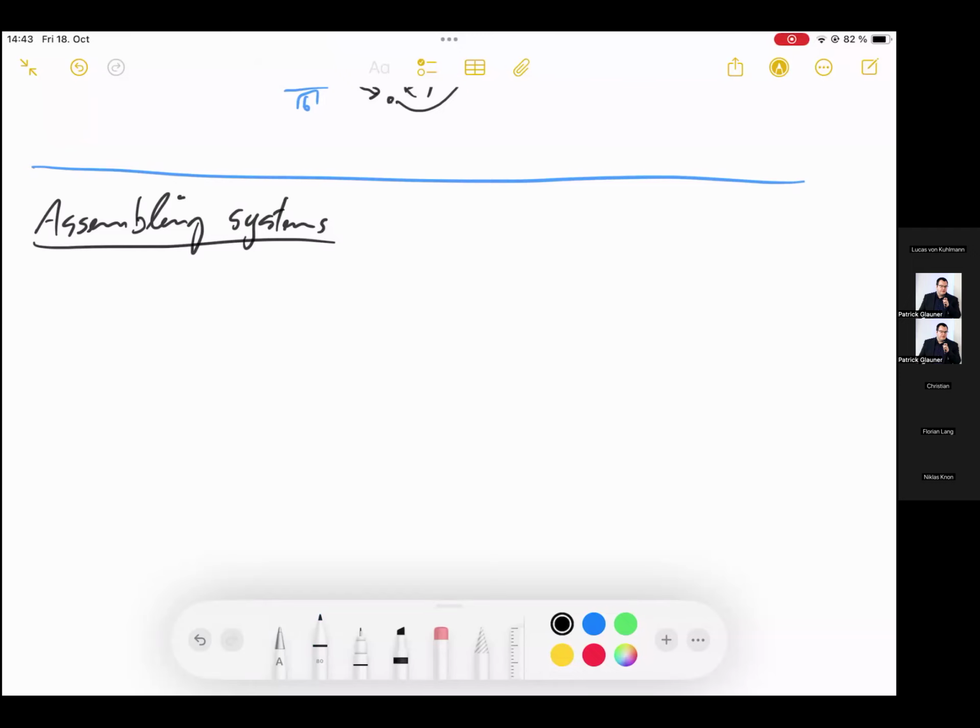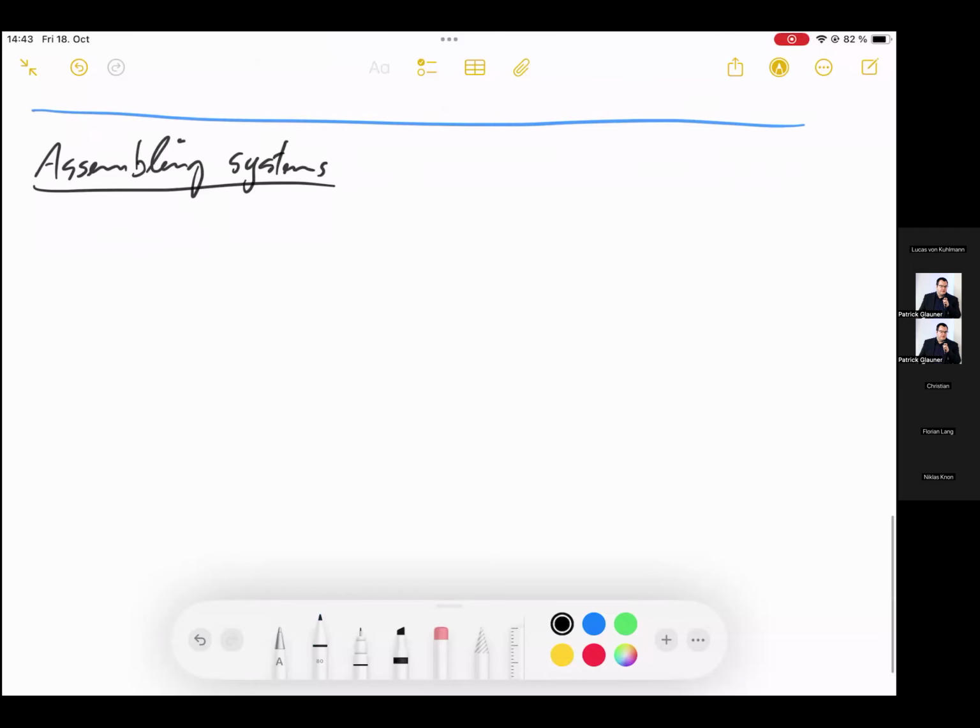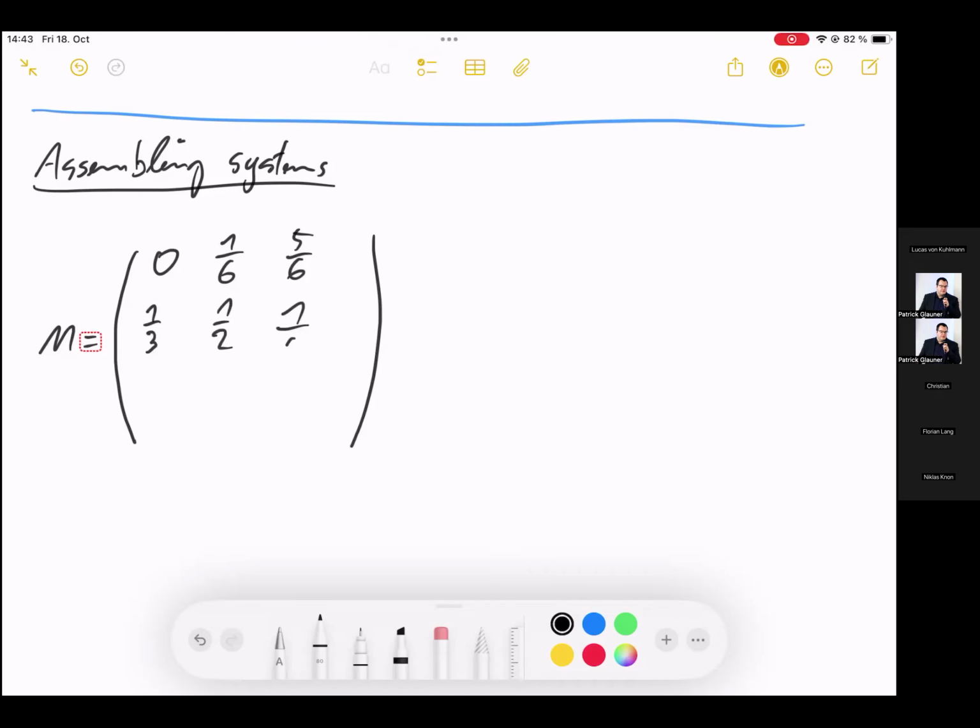We will have our first system that we call M, and we can describe it as both a matrix as well as a graph. I'll just write down the numbers. You also find this example in the book.